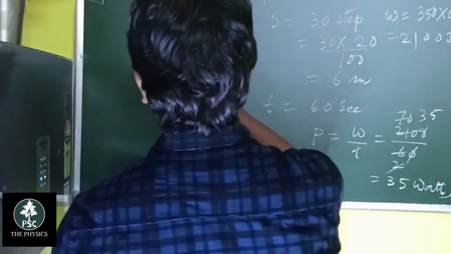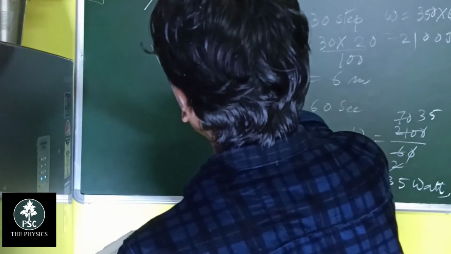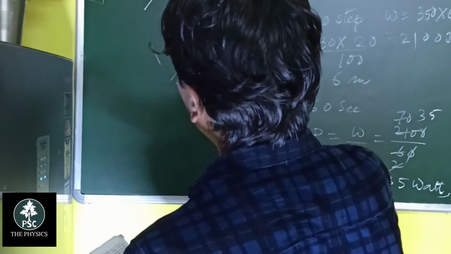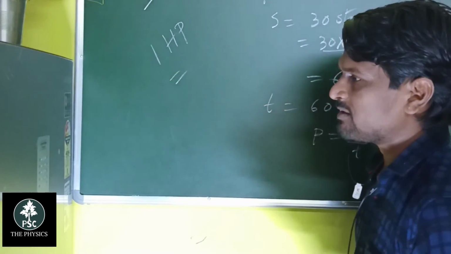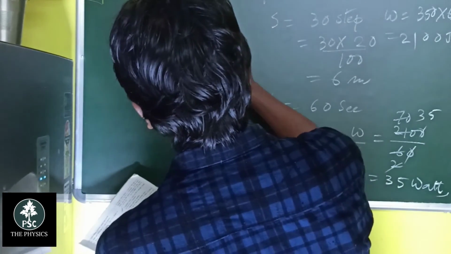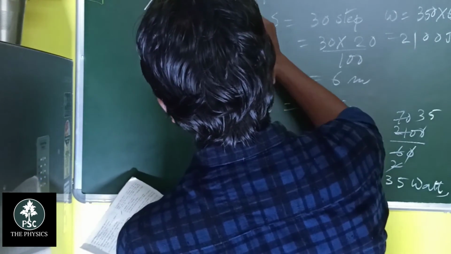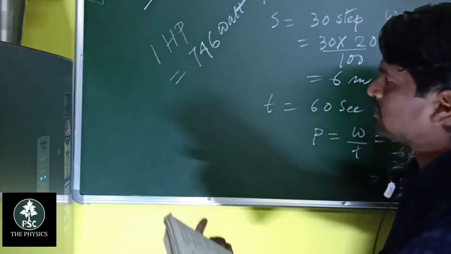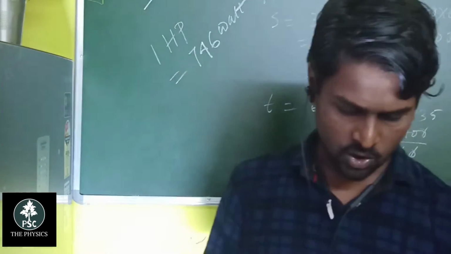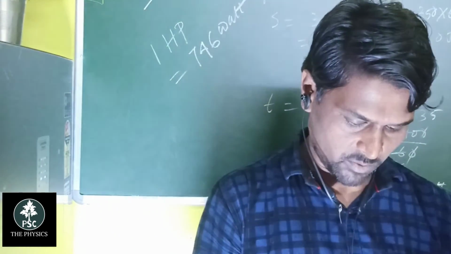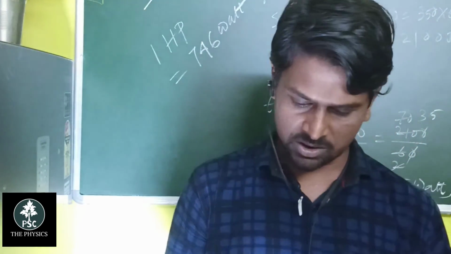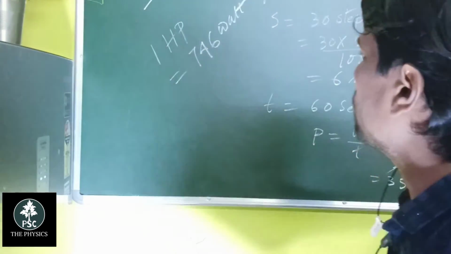So for the next question you have to remember horsepower. What is horsepower? Horsepower means 746 watt. It is a large unit. 1 horsepower equals 746 watt or 0.746 kilowatt.